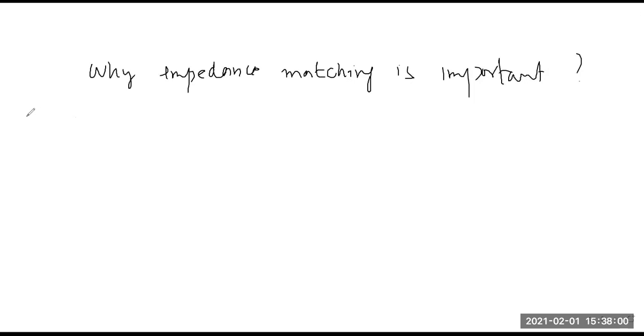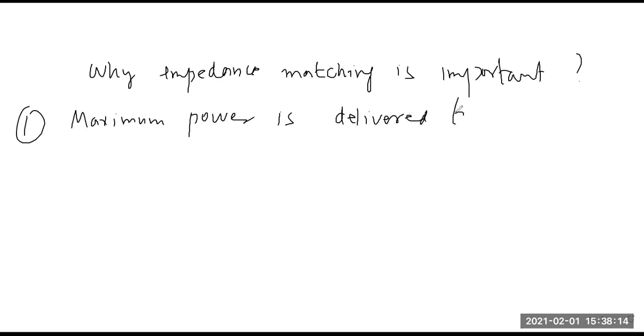There are a number of reasons for that. One of the reasons, of course, as I mentioned, is that maximum power is transferred to the load. So if you want to ensure that maximum power is delivered to the load, you have to be concerned about impedance matching.